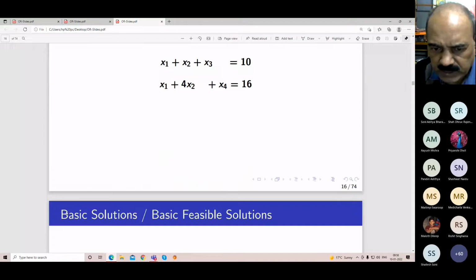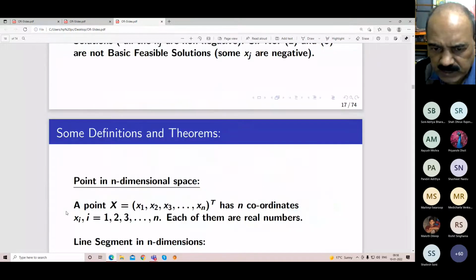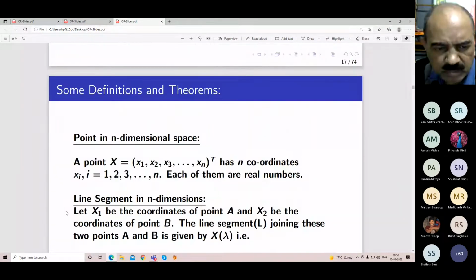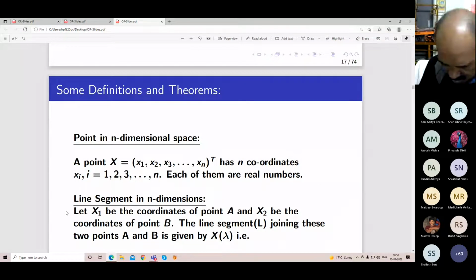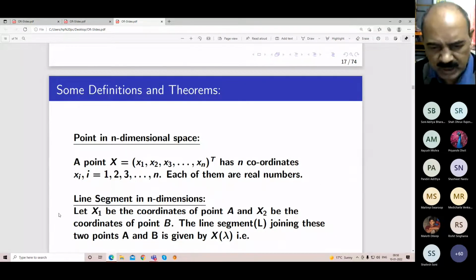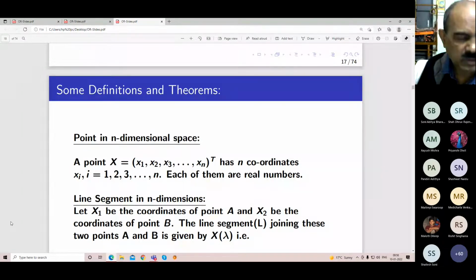See, some definitions I'm just again stating. Actually this is required also. Because generally we are solving a linear programming problem of n variables.